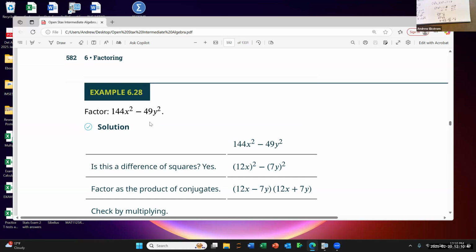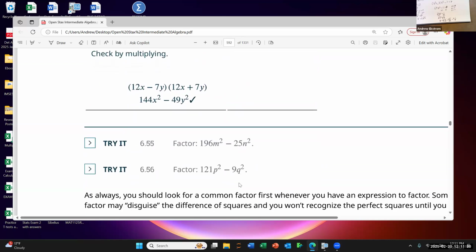Here, same basic idea. With something like this though, set that whole thing equal to 0. 144x squared equals 49y squared. Divide both sides by 144, and then take the square root, and eventually you get the stuff that's actually down here.